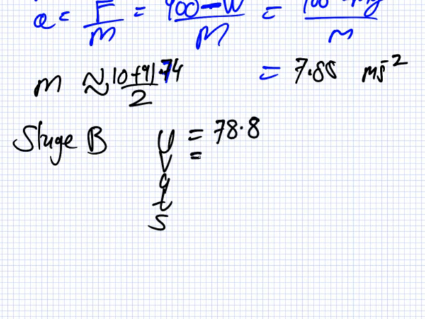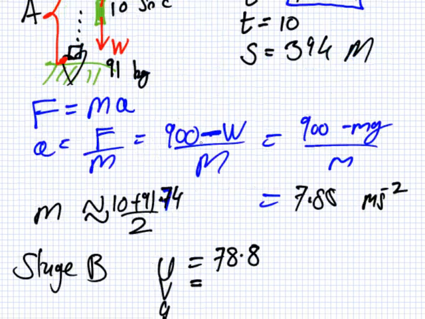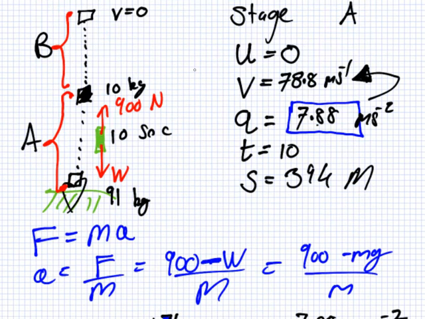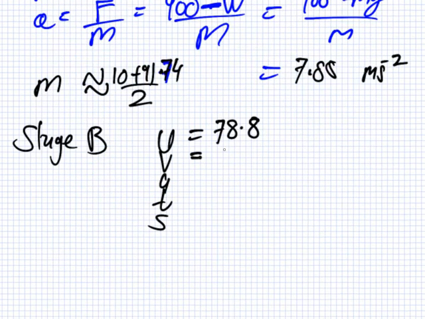The V is 0. What's the A? 7.8? No. The engine is off, so it's decreasing, negative. So what's the A? Negative 9.8. The T, don't know, and the s is what we want.